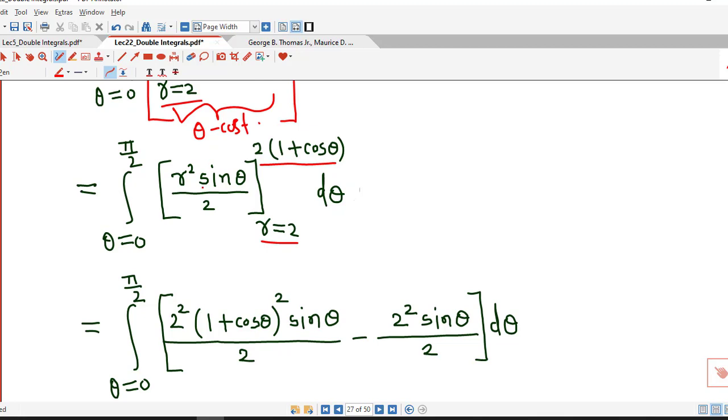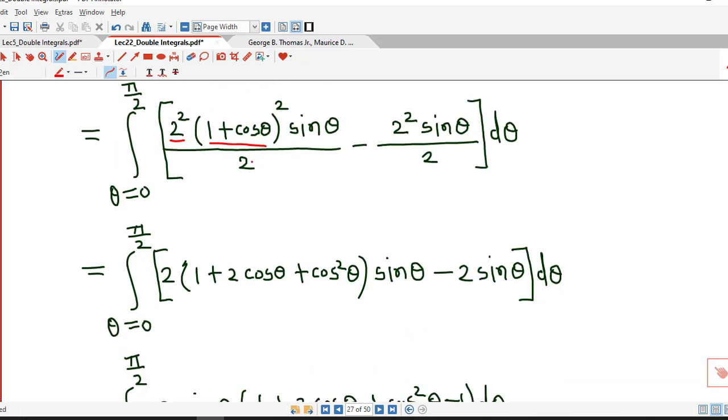We keep sin theta and 2 as it is, and we put r equal to 2 times 1 plus cos theta and r equal to 2. So r square means square of 2 into 1 plus cos theta, that is 2 square into 1 plus cos theta square into sin theta divided by 2, minus the lower limit for r is 2, so 2 square sin theta divided by 2.